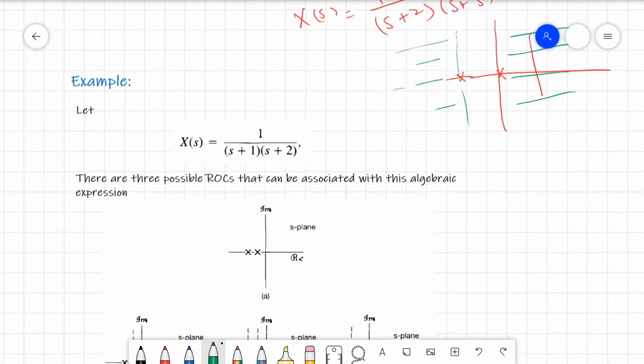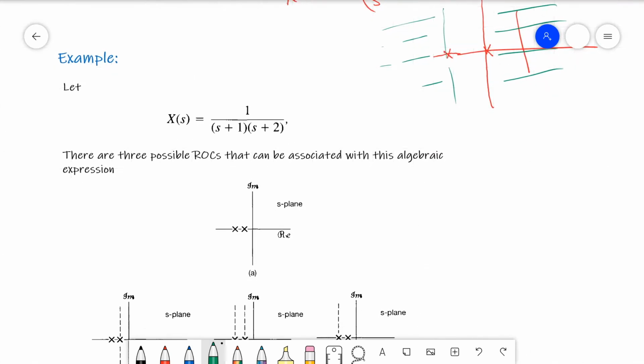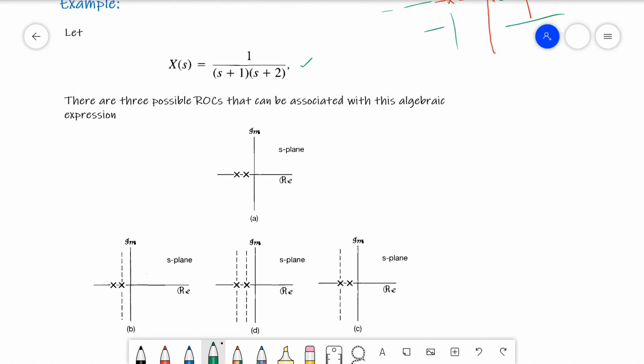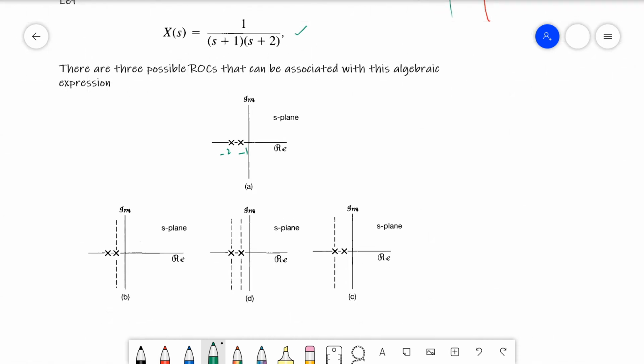We can explore this property some more in the next example. So let's suppose we have the Laplace transform of some signal as expressed by this expression. So there are basically 3 possible regions of convergence that can be associated with this expression. This is minus 1, this is minus 2. These are 2 poles in the s-plane.